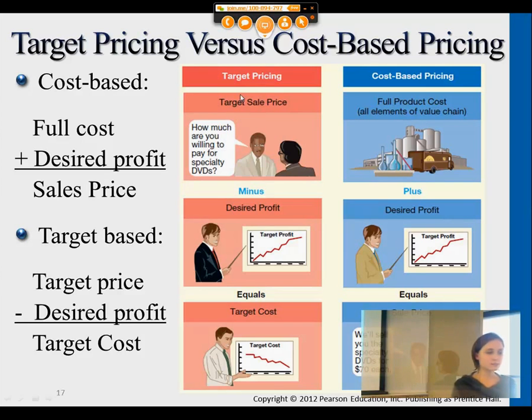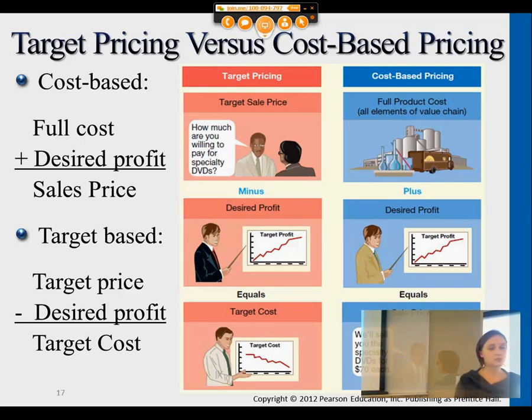Well, look at this. It's a comparison of two. It's not one versus another; there's one that can be implemented and the second one. So when I have a target, do you see how my formulas are upside down when I'm talking about the target-based? I first take the price, then I take the profit out, and then I say, okay, this is my target cost.